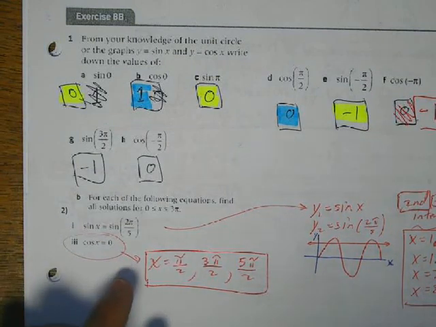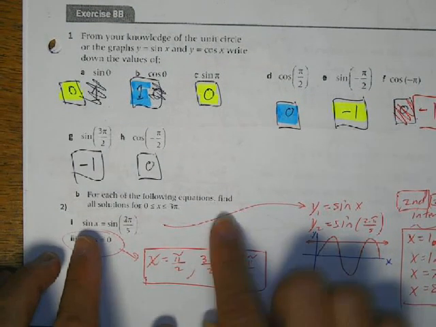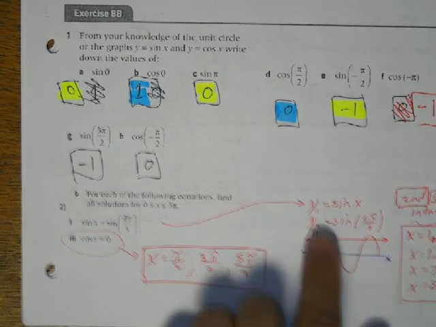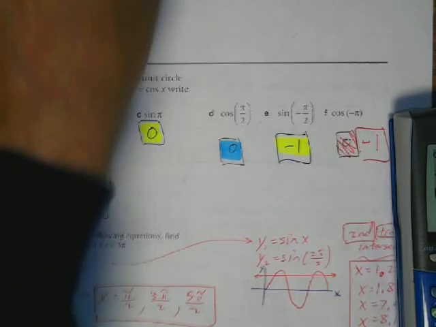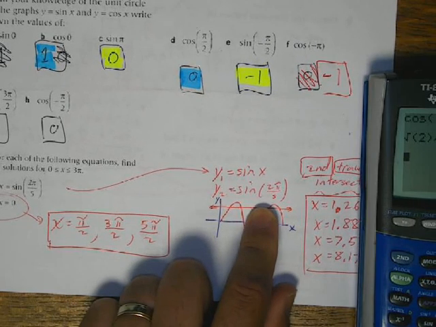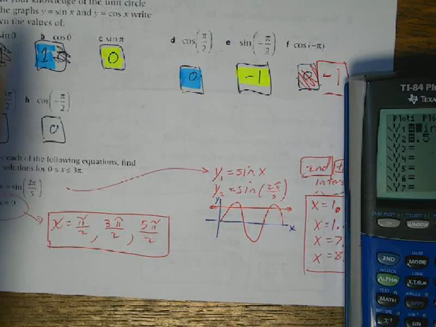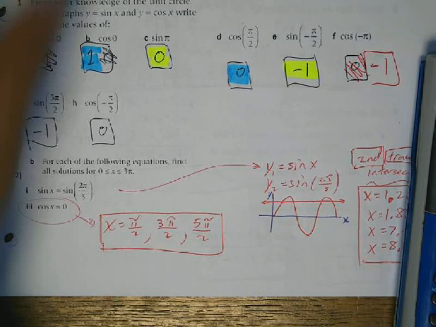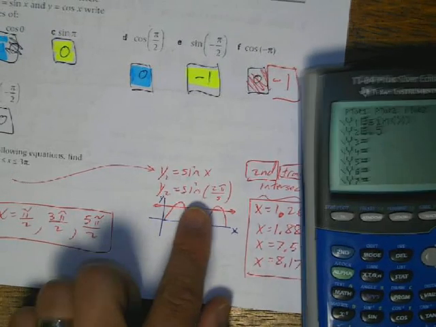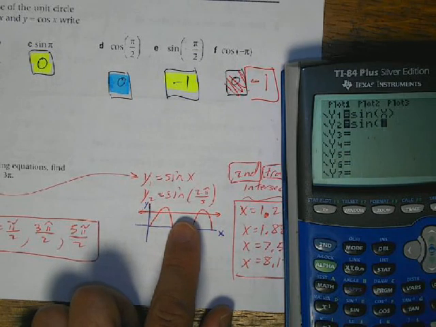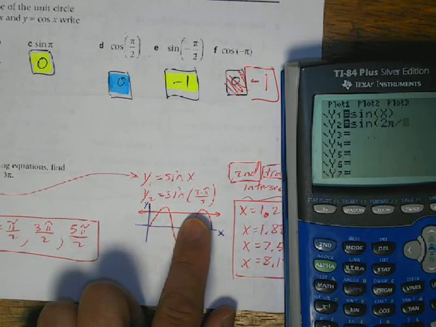So, if we find the solutions, basically what I did here is I typed into the calculator y equals sine x and y equals sine 2 pi divided by 5, so sine x equals sine 2 pi over 5.